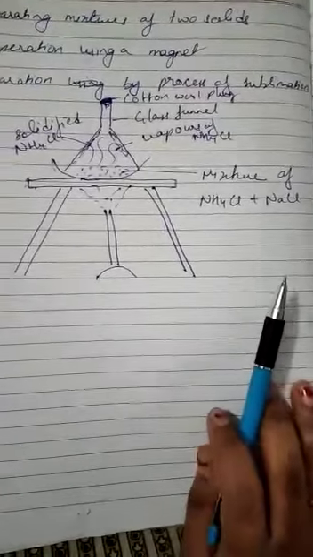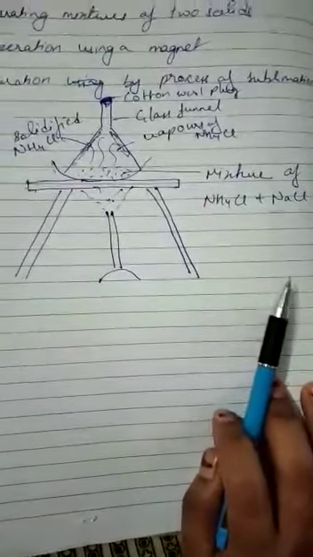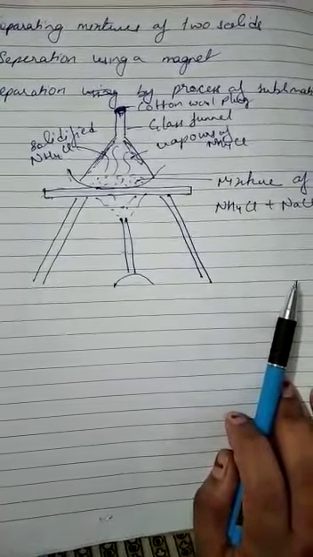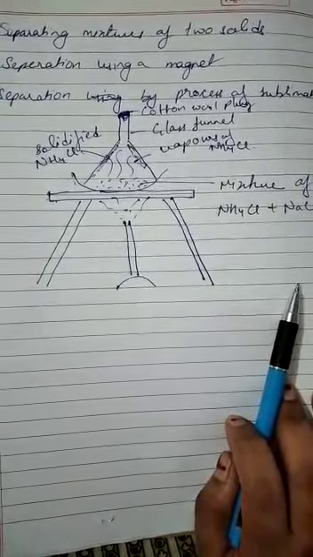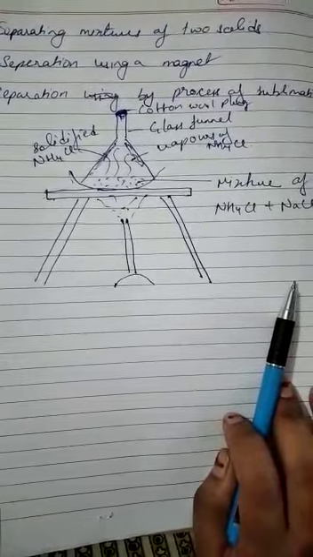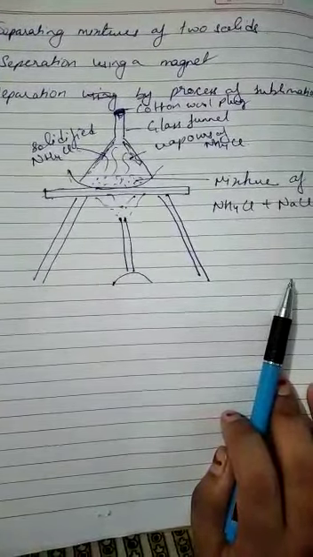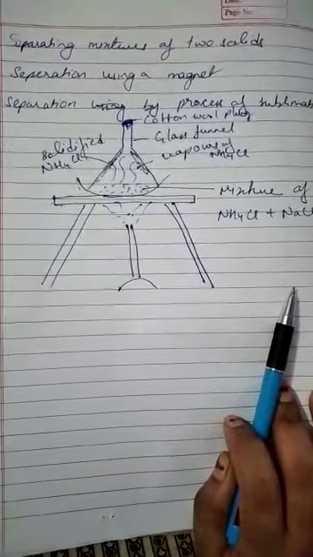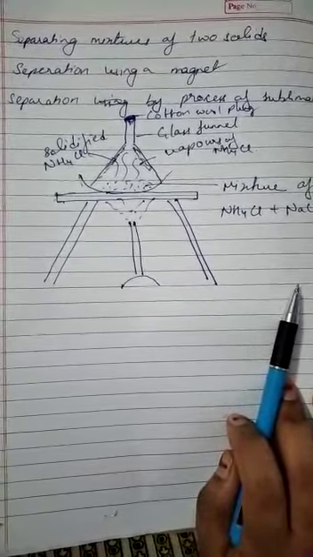In the first chapter we had studied the process of sublimation. Sublimation is the process in which a substance is converted from its solid state directly to the gaseous state without going into the liquid state. That is known as sublimation.